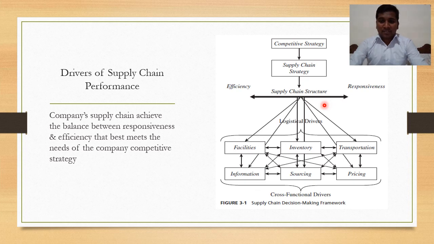It is met with logistical drivers and cross-functional drivers. Logistical drivers are facilities, inventory, transportation, and cross-functional drivers are information, sourcing, and pricing. Using all these six drivers, the balance between responsiveness and efficiency is achieved, which ultimately gives a competitive strategy for the company.